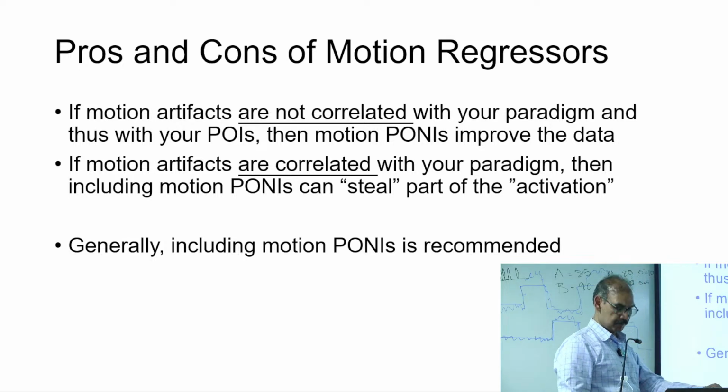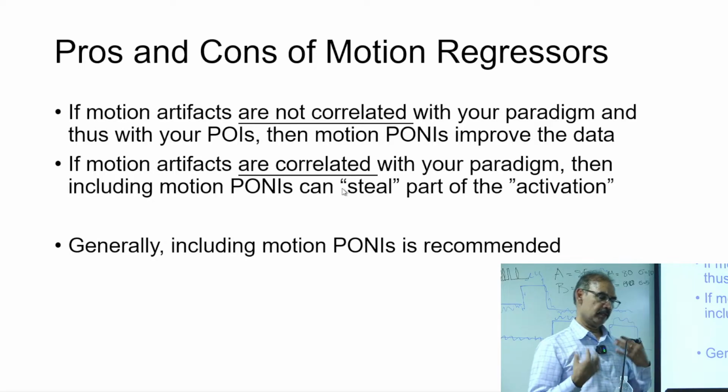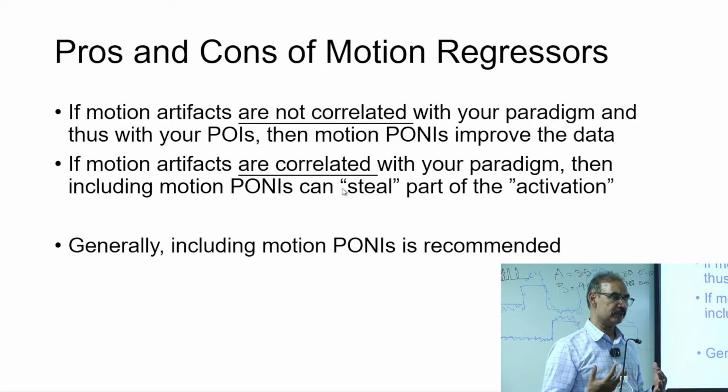So the pros and cons of motion regressors is that if motion artifacts are not correlated with your paradigm, and thus with your predictors of interest, then motion predictors of no interest improve the data, right? Because you are showing that the person moved unrelated to the task, right?